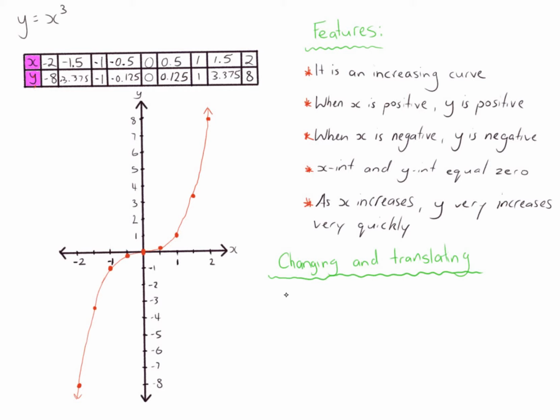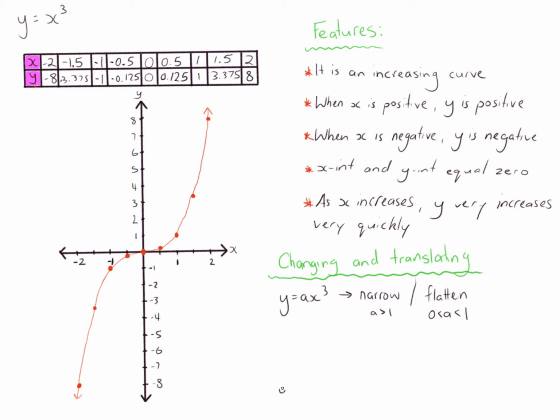When we changed the coefficient out the front, let's call it A, we either stretched or flattened our curve. So it narrowed or got steeper for A greater than 1, or it flattened or got wider for when we chose a value that was between 0 and 1.